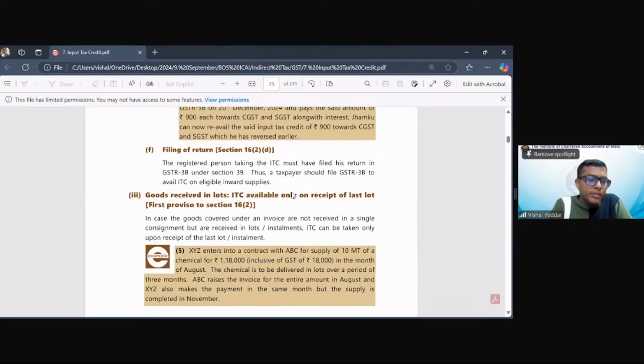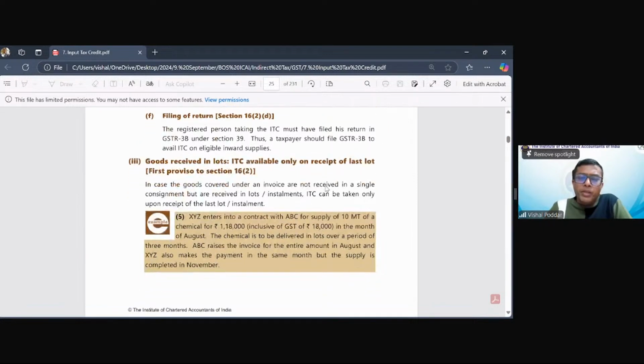So in order that ITC comes to my credit ledger, I should have filed my 3B. And the moment I file my 3B, I will be eligible to take the ITC in my credit ledger. Correct?